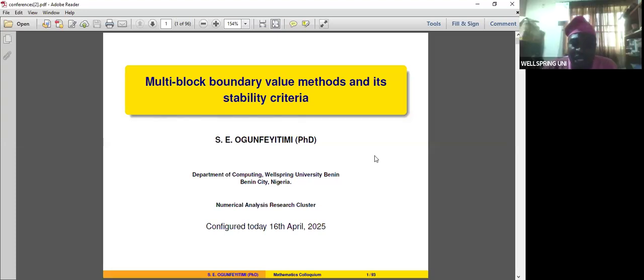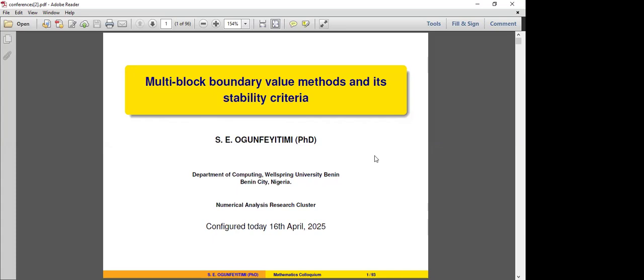Yes, it extends. I only used this as a case study. It extends to all other methods. Now, if you agree with me that for first order, we can say for certain order P less than 2, they are A-stable or thereabout.